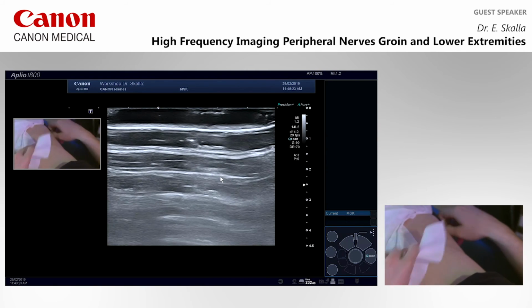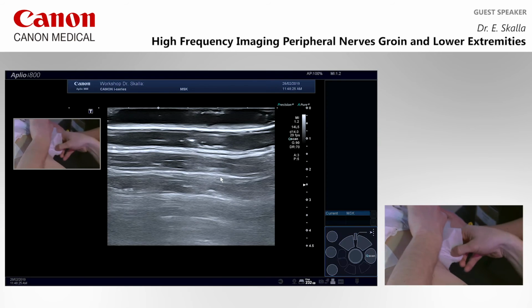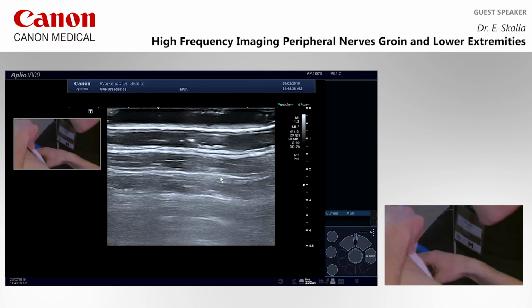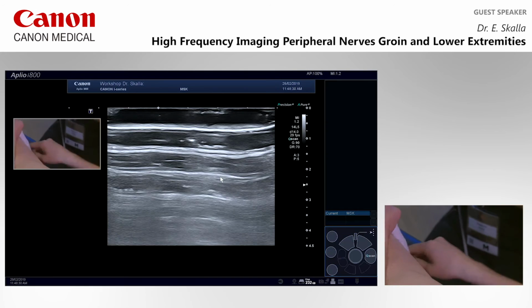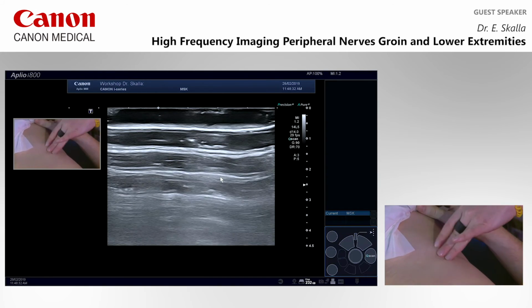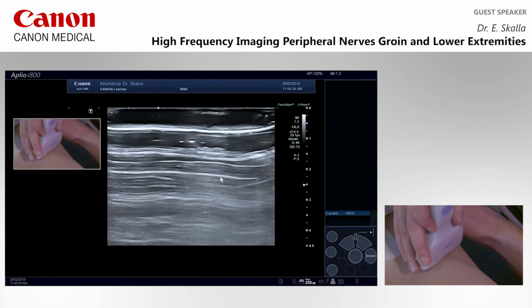So, external landmark for the border nerves in this region is always one external landmark, the anterior superior iliac spine, which we can palpate or of course see in slim patients.